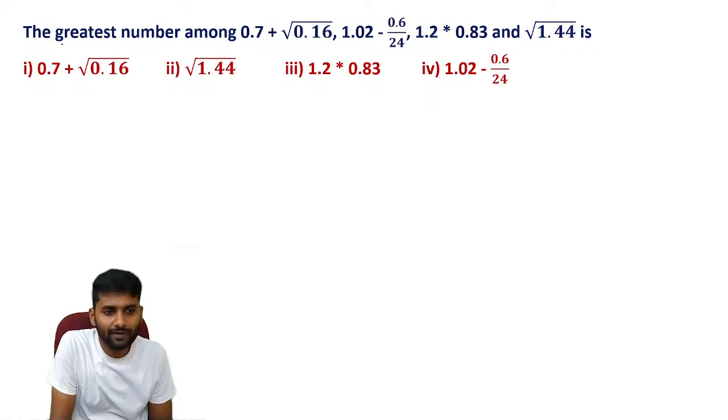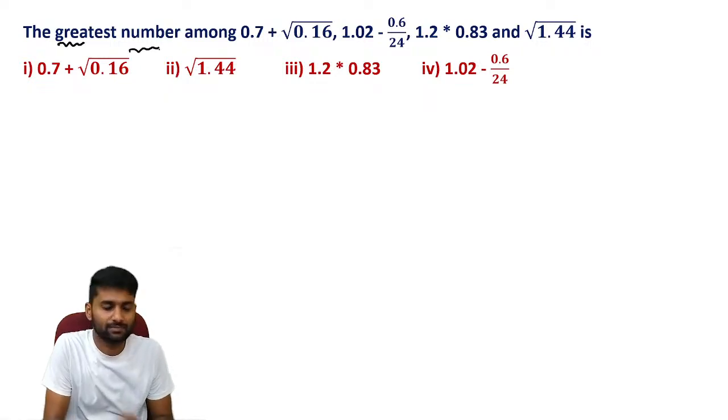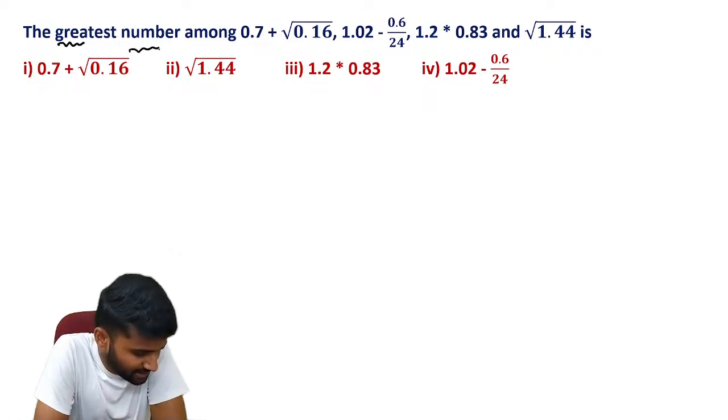So out of all the values, which one is the greatest number? We need the greatest value among all the numbers.